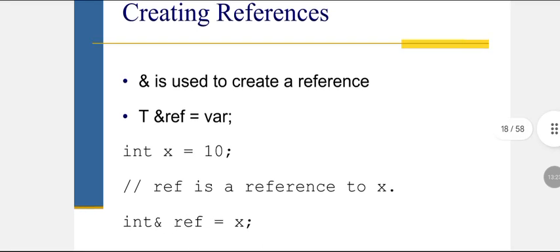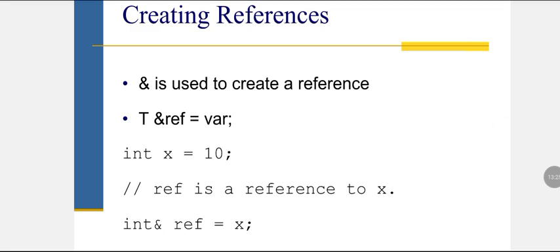Now the symbol is not made for only one use. The symbol has many, many uses. So here we have the reference using the & symbol to create a reference.